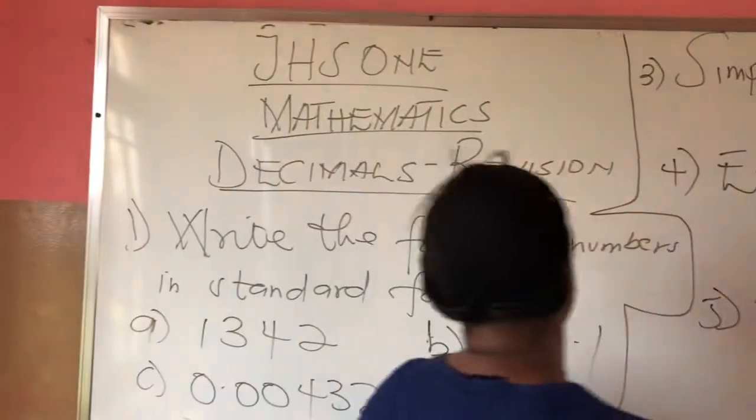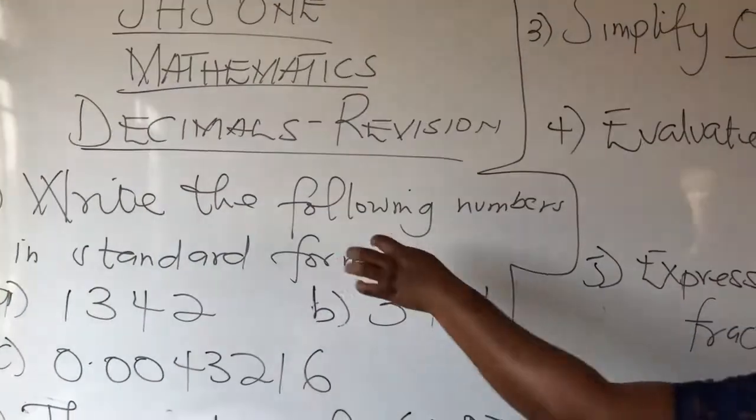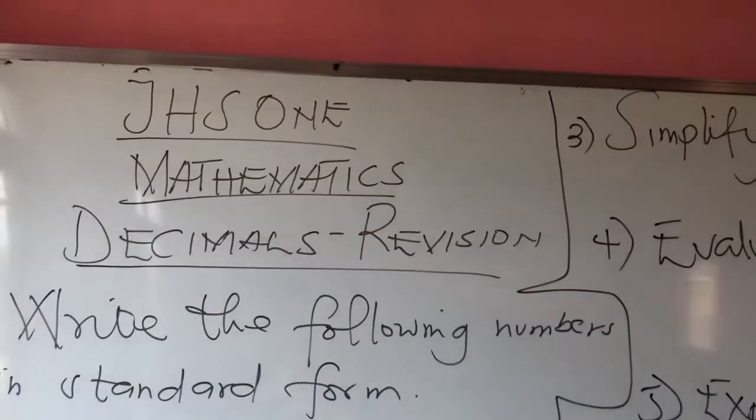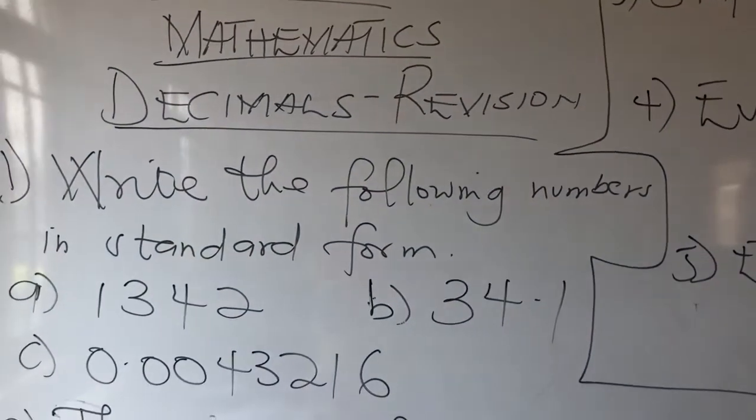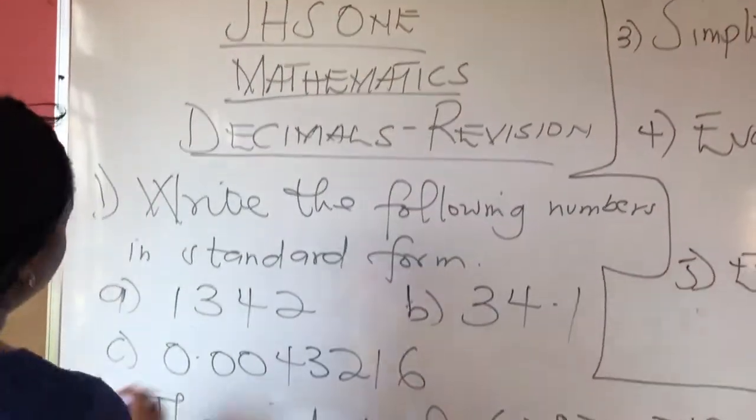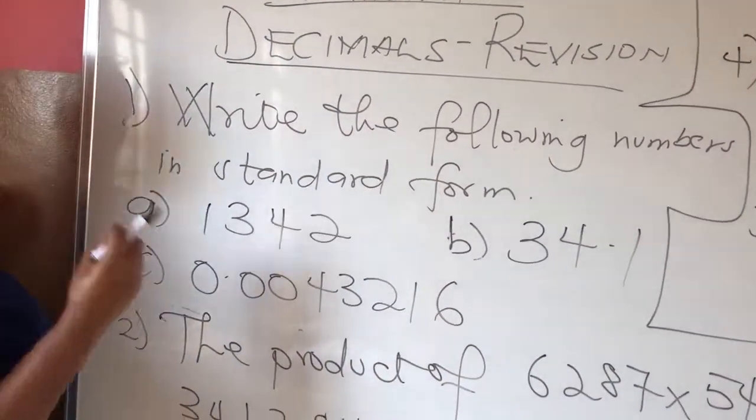Okay, today the first thing we are looking at is: write the following numbers in standard form. I remember that when we were studying standard form, I taught you significant numbers.